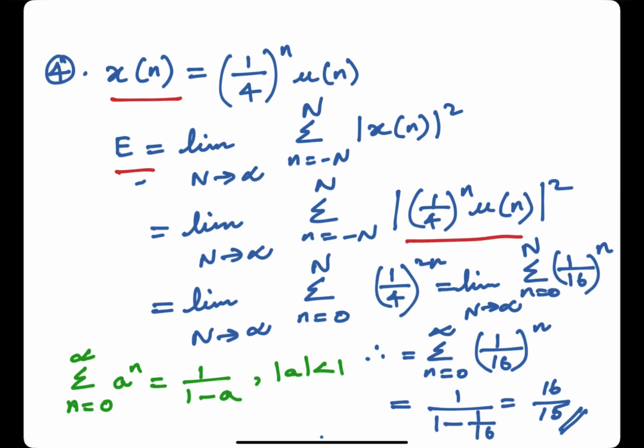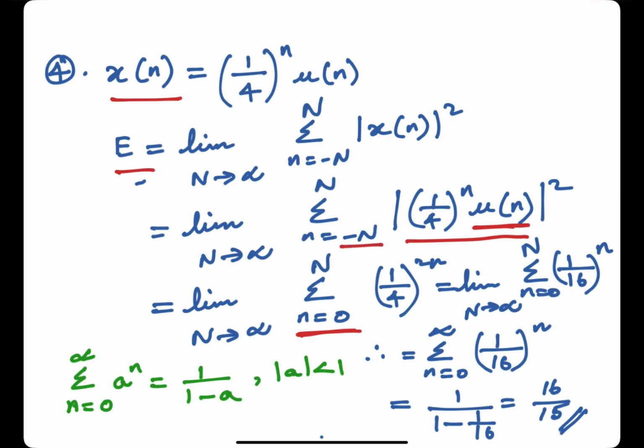So here in the place of x of n we had substituted this 1 by 4 power n u of n. Because this u of n is multiplied with the signal, u of n is valid only from n is equivalent to 0 to infinity. So the summation limit will change from minus n to 0 to n.